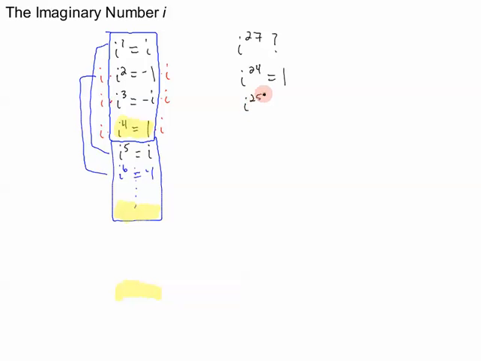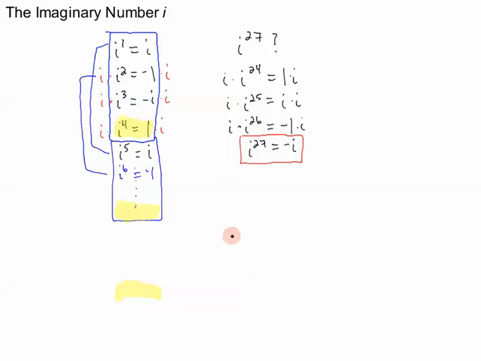That means i to the 25th, if you multiply both sides by i, would be 1 times i, which is i, and we're almost at i to the 27th. i to the 26th would be multiplying both sides of the previous step by i, and i times i is i squared, which is negative 1. And finally, i to the 27th, if you multiply both sides of the previous step here by i, you get negative i. So i to the 27th is negative i.